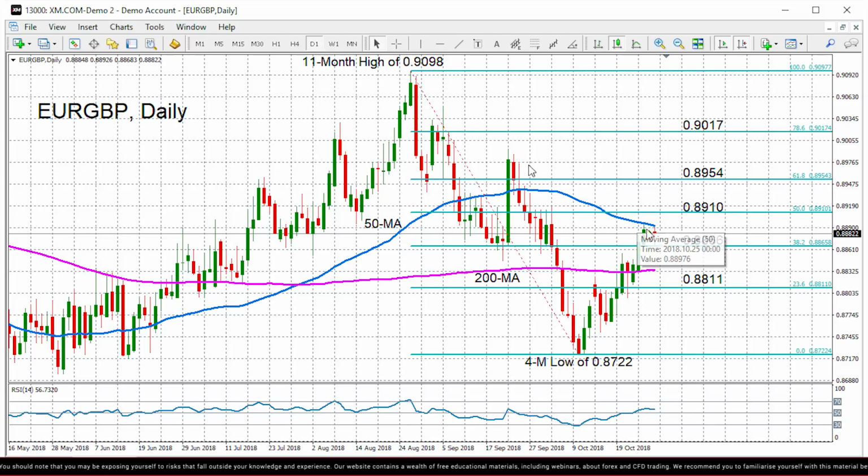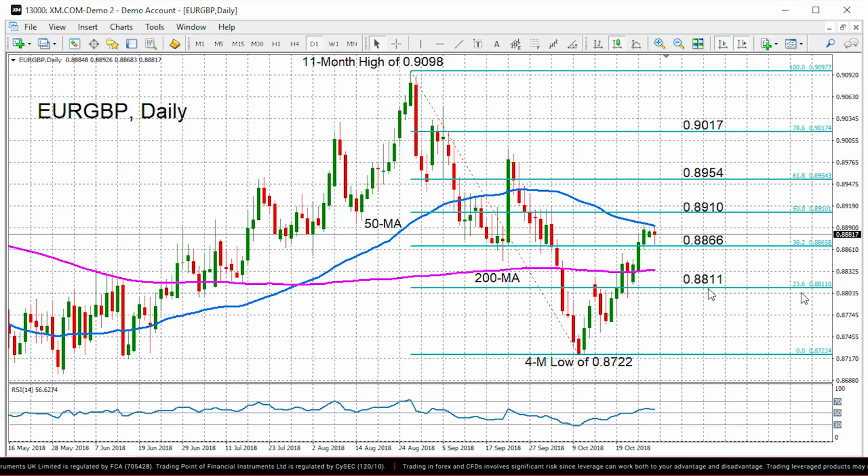To the downside, though, we could easily see a reversal if that 50-day moving average resistance holds. We do have at the moment immediate support coming from the 38.2% Fibonacci at 0.8866. A drop below that would shift the short-term bias back to a bearish one, with the next support coming at 0.8811.